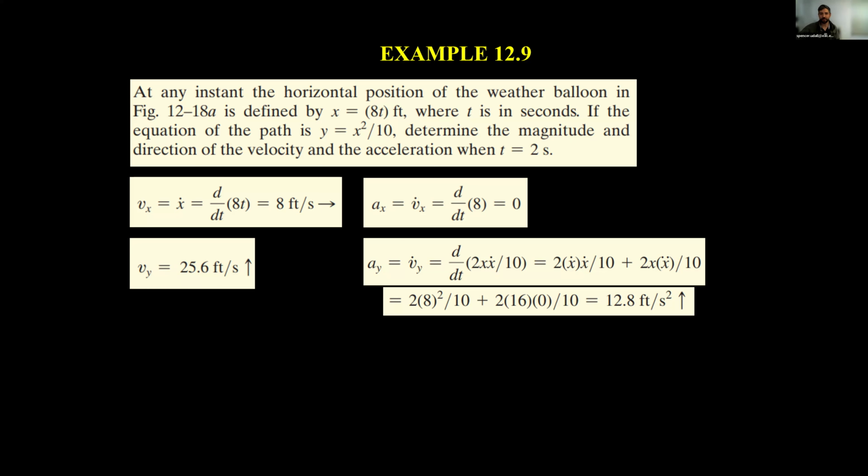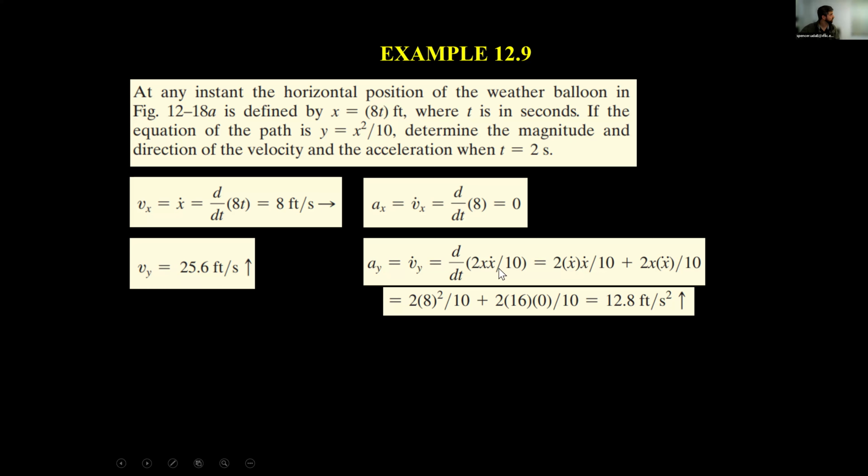So we've got the 2, it'll just be on both of them, but they did this in the opposite order, so they did the second times the derivative of the first plus the first times the derivative of the second. So here it is, the second would be x dot times the derivative of the first, which would be the derivative of x, so x dot, divided by 10, plus the first times the derivative of the second.